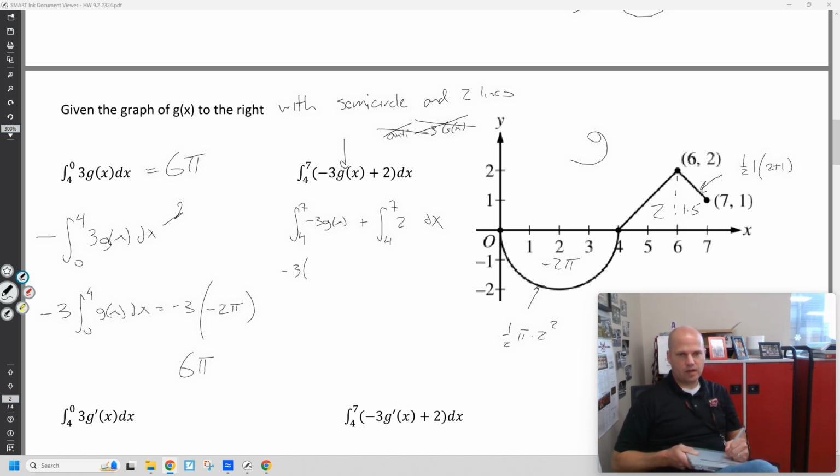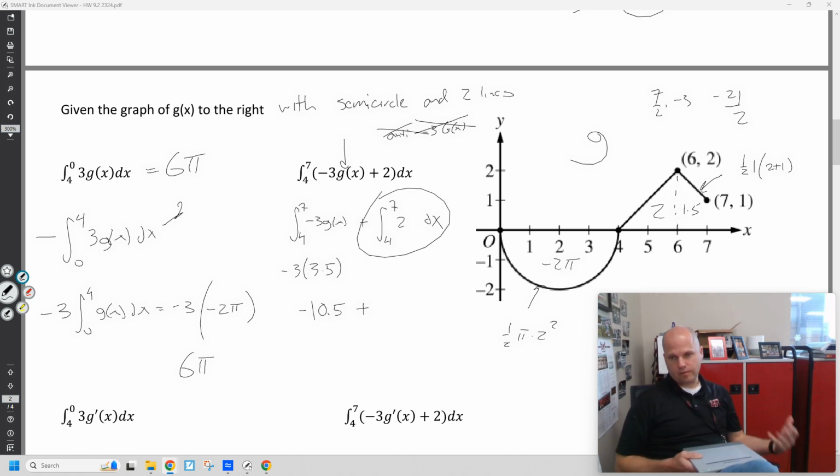So -3 times 3.5, which is negative 7 halves times -3 is -21 halves, 10.5. Yeah. Either take the antiderivative or just think about the straight line y equals 2 from 4 to 7, 6.